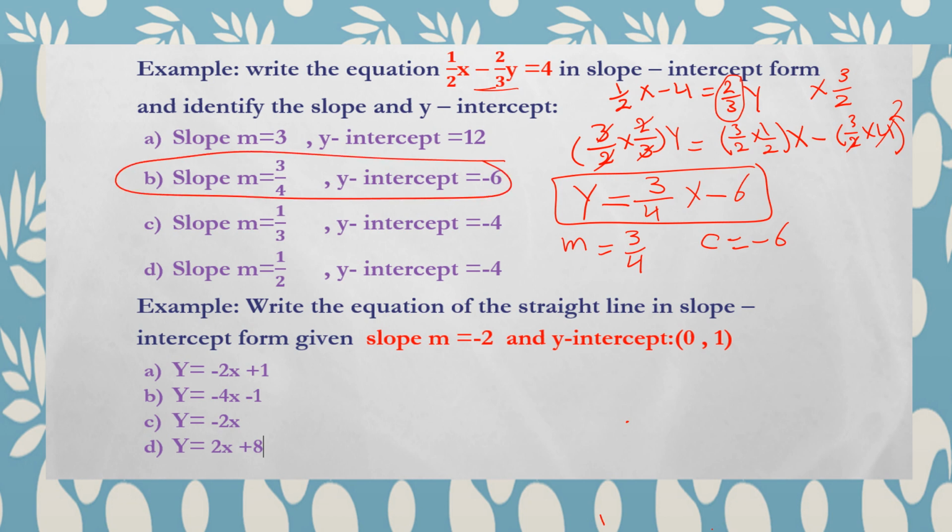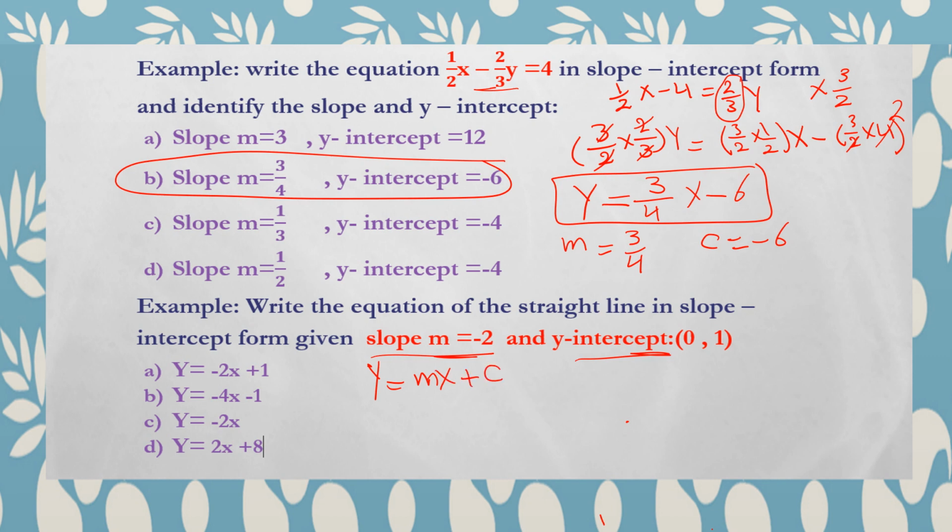Another example, write the equation of the straight line in slope-intercept form from the given slope and y-intercept. In this example, he's giving you a slope and a y-intercept, and he's asking you about the straight line equation in slope-intercept form, which equals y equals mx plus c.